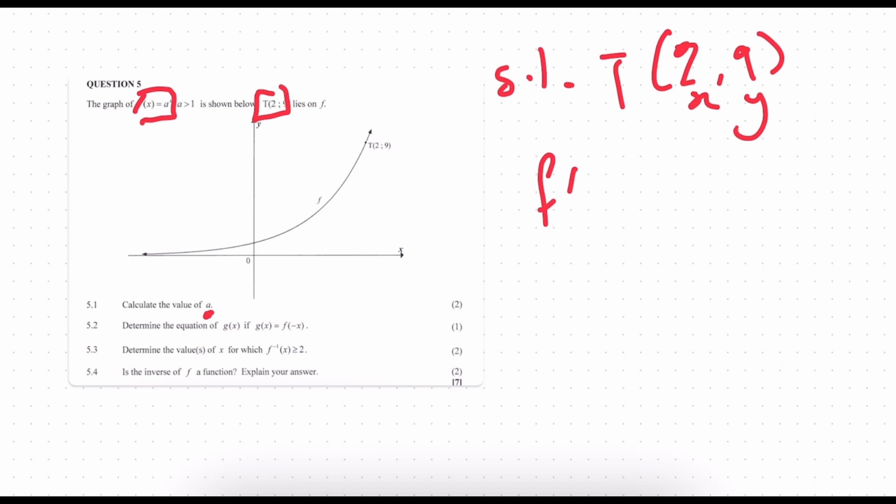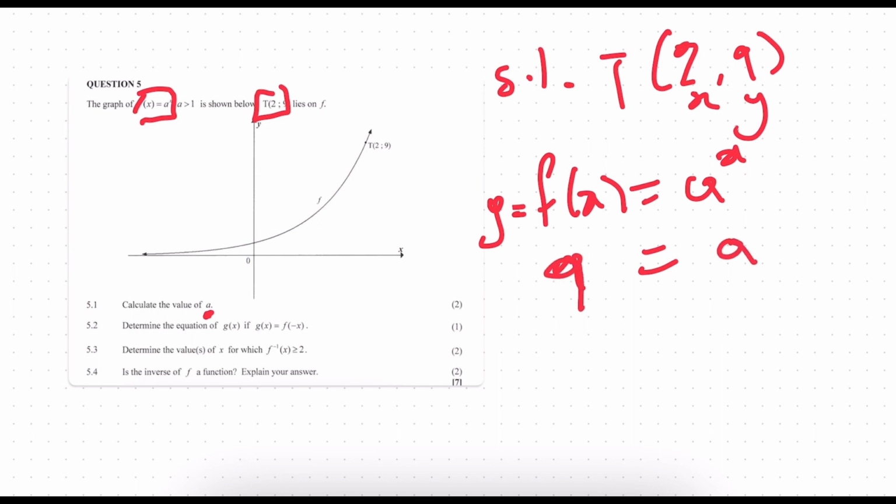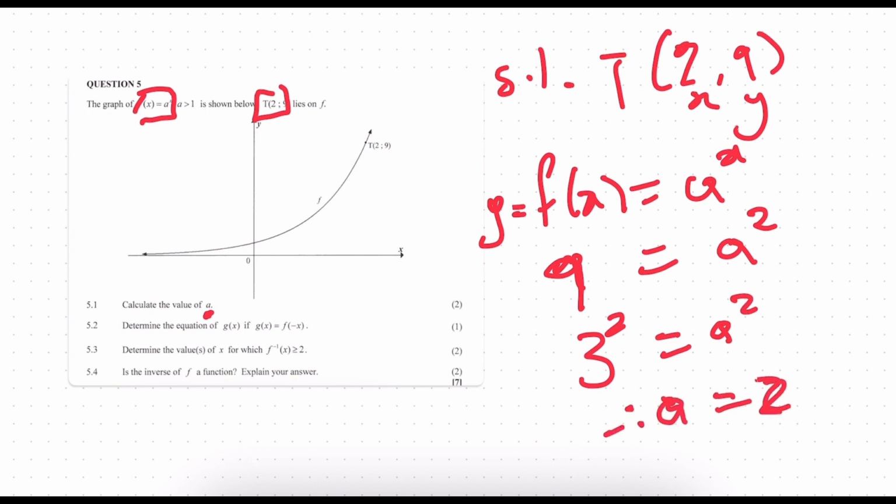Therefore, f of x is equal to a to the power of x. So you plug in: 9 equals a to the power of 2. You make the left-hand side similar to the right-hand side, so it should be 3 to the power of 2 equals a to the power of 2. Therefore, a should be equal to 3.